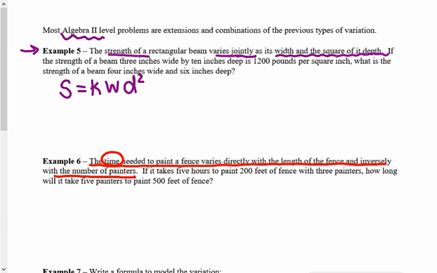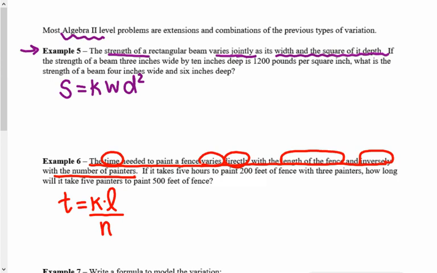The time, I'm going to call that T, varies, that tells me I have an equals K. The next one says directly, so that means the length of the fence, let's call that L, is going to be multiplied times K. The next part says inversely, so that tells me my next variable is going to be on the bottom of this variation, with the number of painters N. All right.